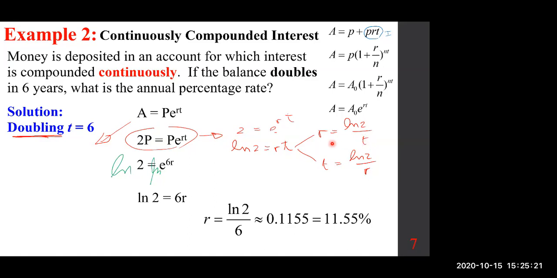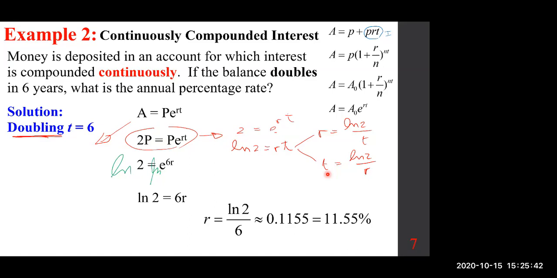So take a look at this formula. That's in essence, look at this top formula. ln2 divided by what? Time. What was the time? 6. So what we did here, we proved it in general. So it makes it easier to use the general form. Okay? So I hope everybody's clear on that.